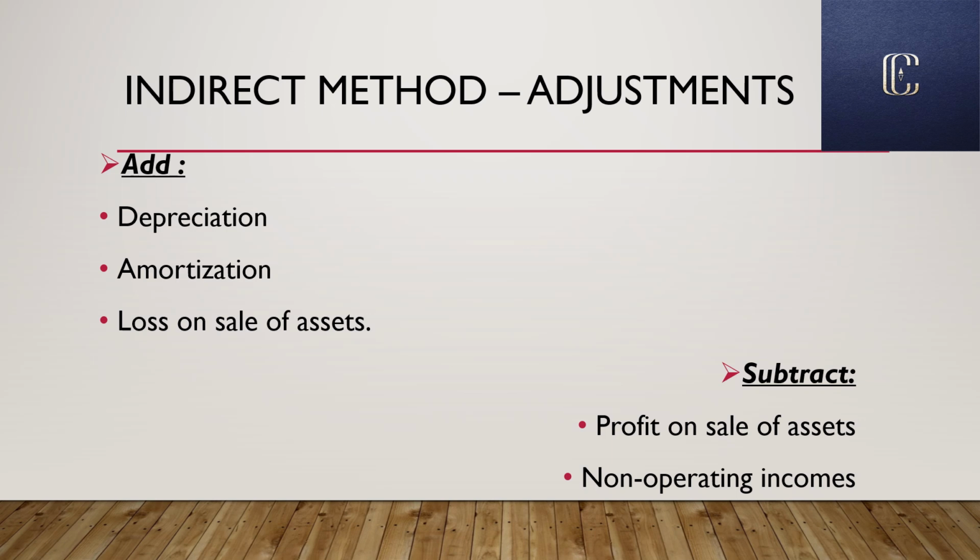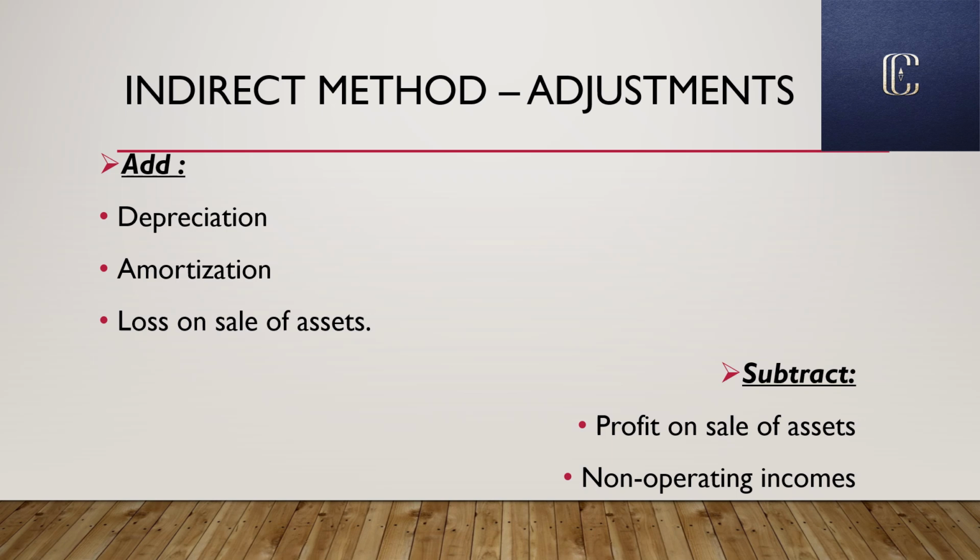The profit is 20,000 rupees. Profit increases the net profit, but this income is related to asset sale, not operations. Cash from sale goes under investing activities, so we subtract the profit from the operating profit.